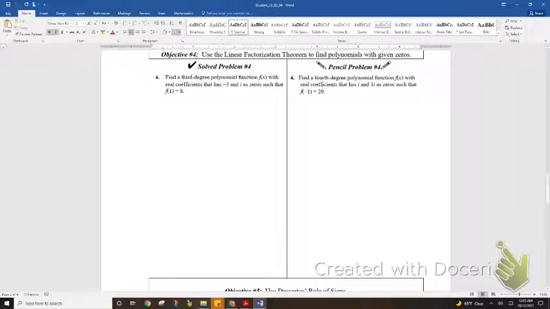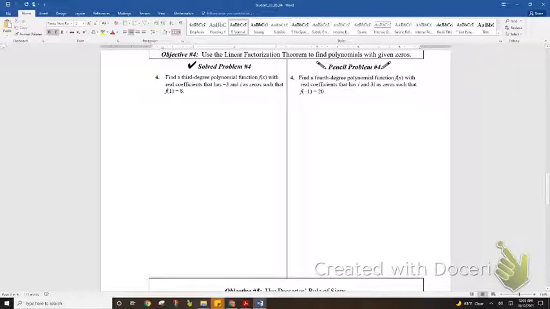Alright, then the linear factorization theorem to find polynomials with given zeros. All it's saying is that if you have zeros, you can plug them in then as linear factors. Like we had that 0 of, what was our last one? A negative 3.